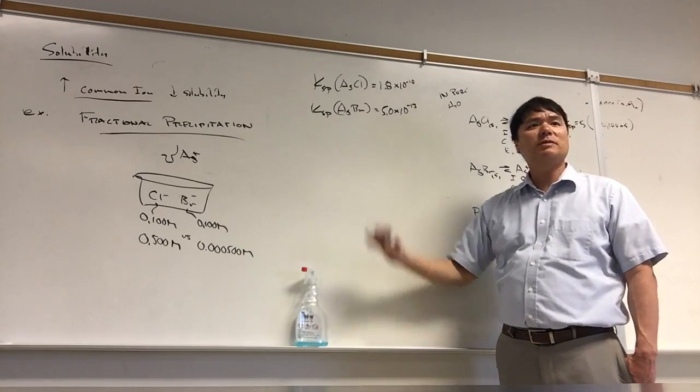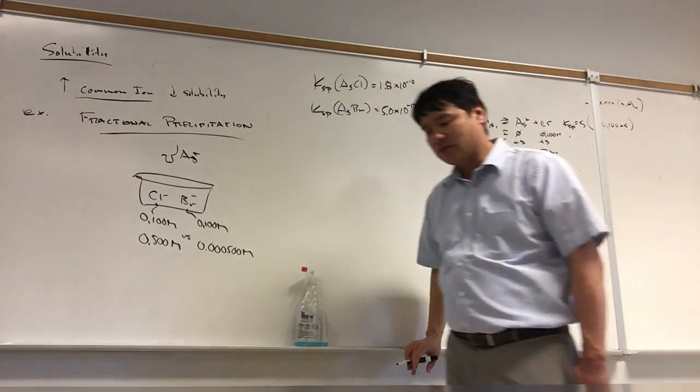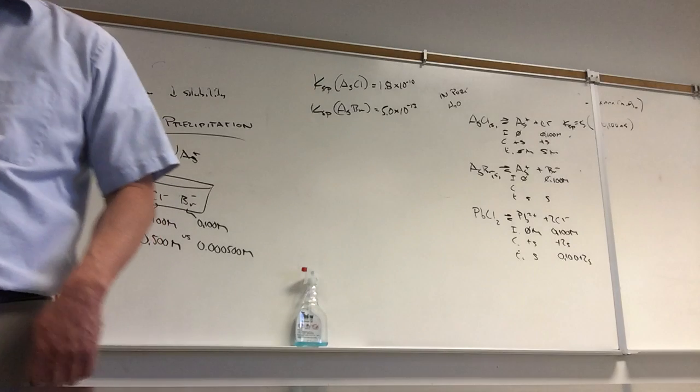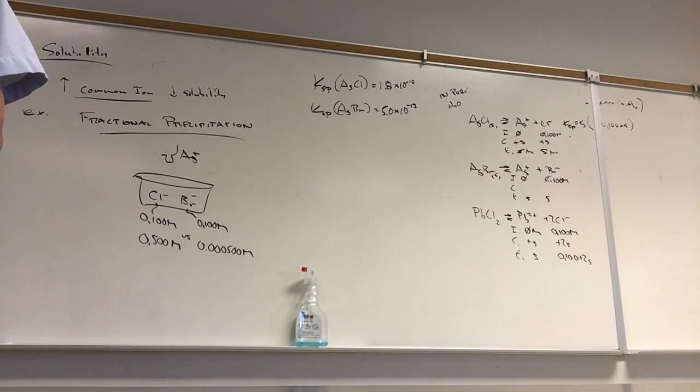Just because it has a different KSP doesn't necessarily mean it's going to be more or less soluble because of how it splits up. And so let's take a look at something like magnesium phosphate.